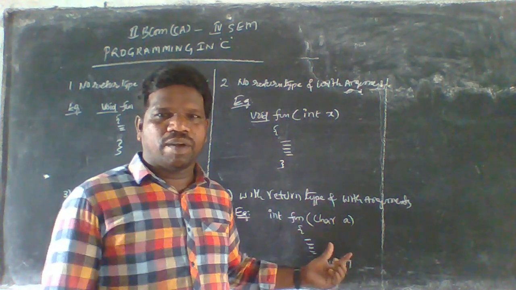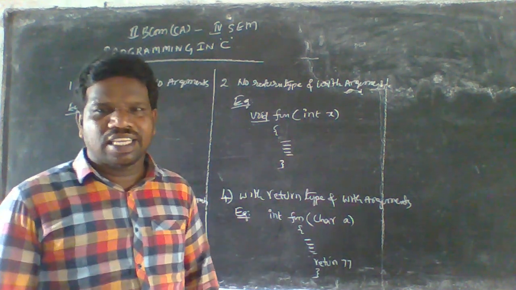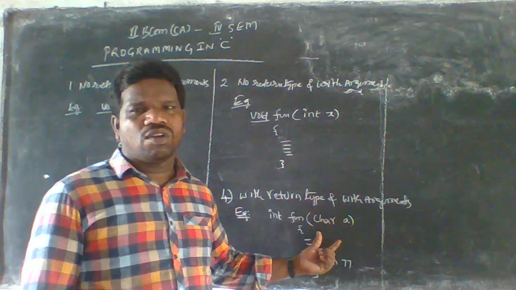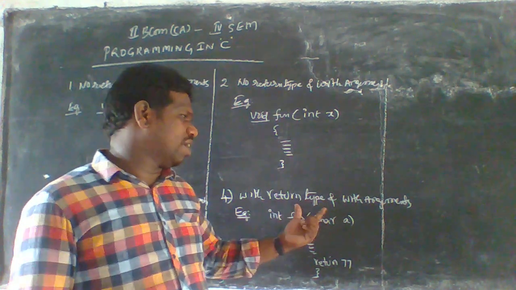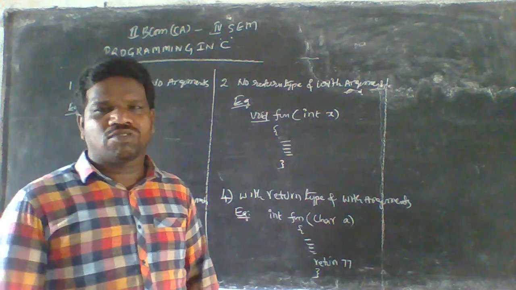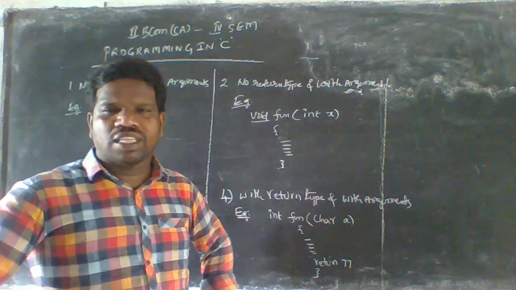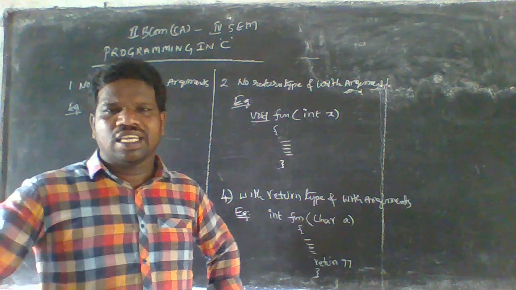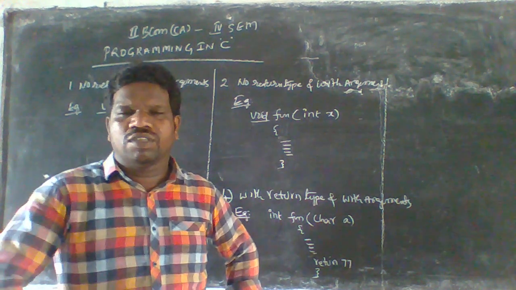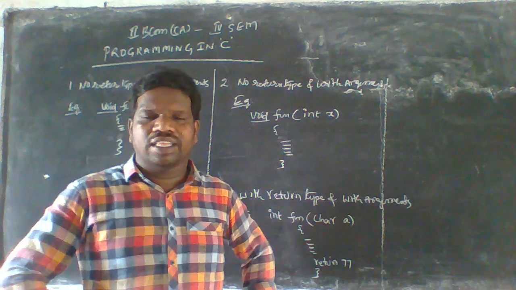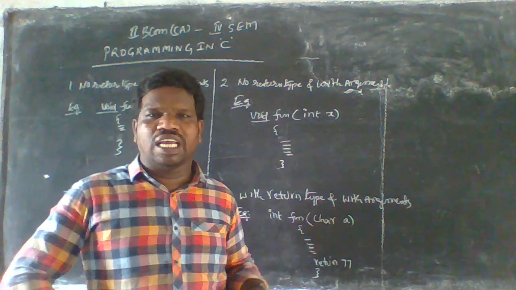Yes, it is possible because there are no instructions that the return type and arguments should be the same. If you are going to execute any program, while you are using a C program to withdraw an amount in the ATM, we have to enter the numbers and we have to collect the money.